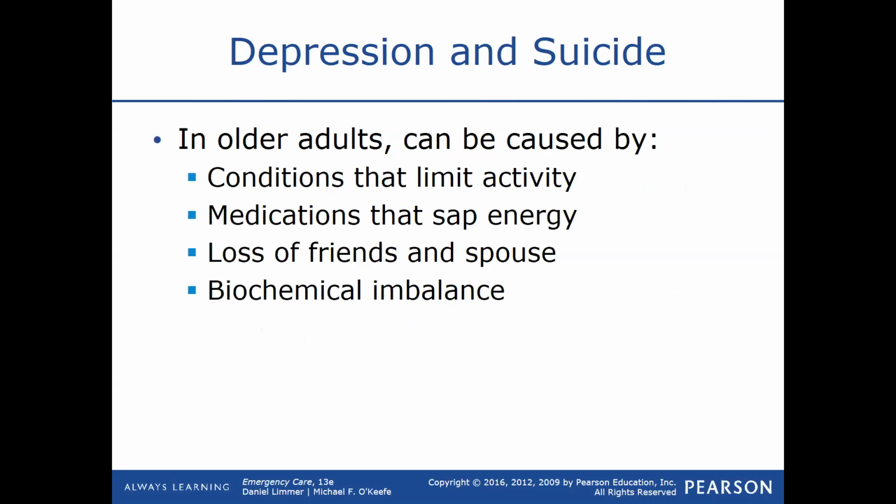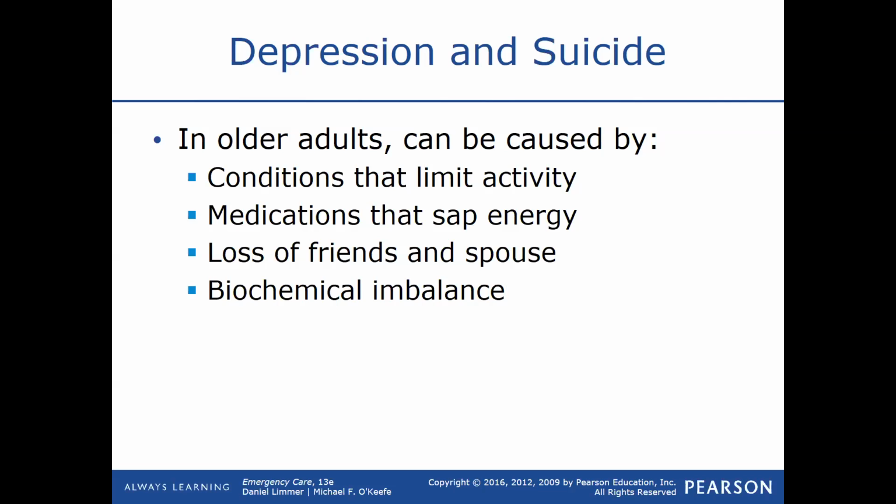Depression and suicide in older adults can be caused by, so these are all the reasons why your patient could be depressed or suicidal. Again, we're talking about the geriatric population. This doesn't apply to all adults and pediatrics, it's geriatrics.